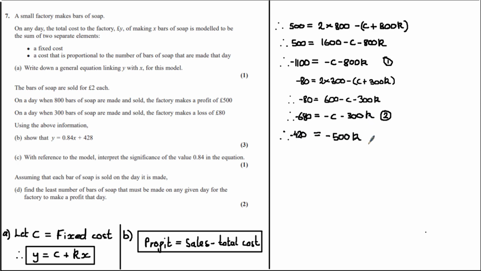I've done here. In order to find k, we divide both sides by negative 500 to get that k is equal to 21 over 25, or 0.84. In order to find c, we substitute this value into any of the equations. I'm going to choose equation 1, and that gives us minus 1100 is equal to minus c minus 800 times by this 0.84.